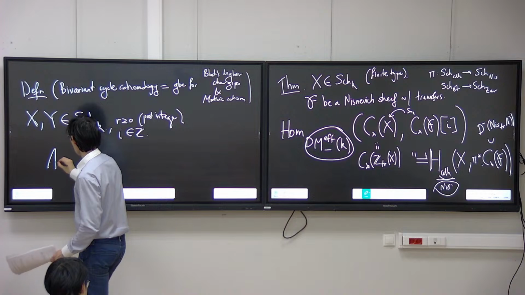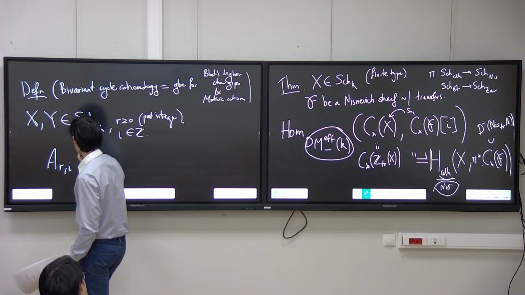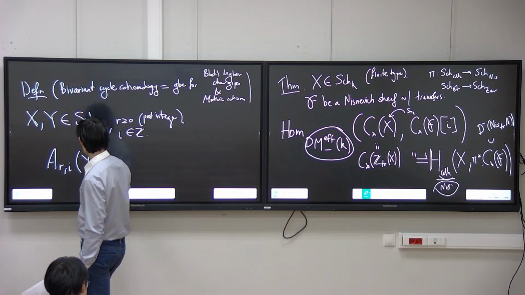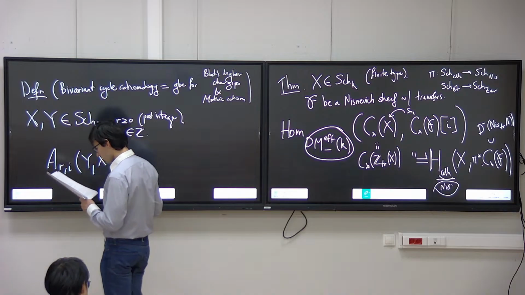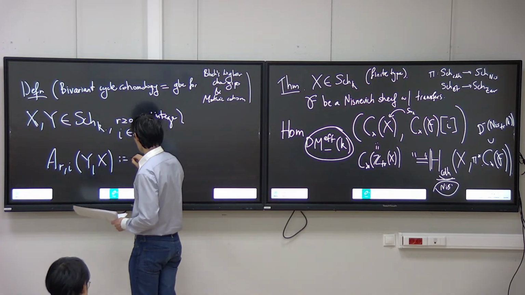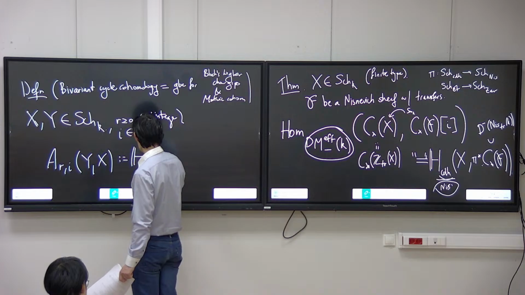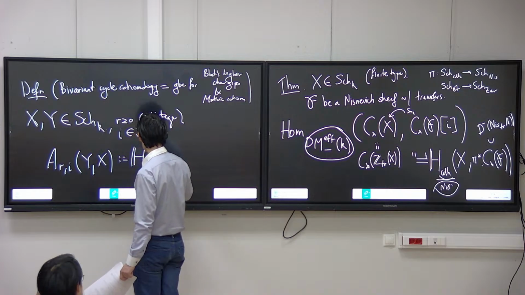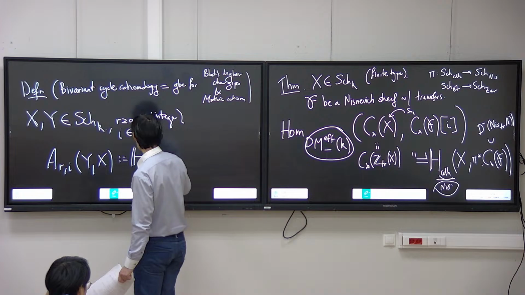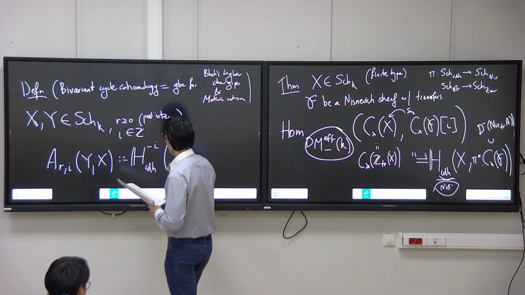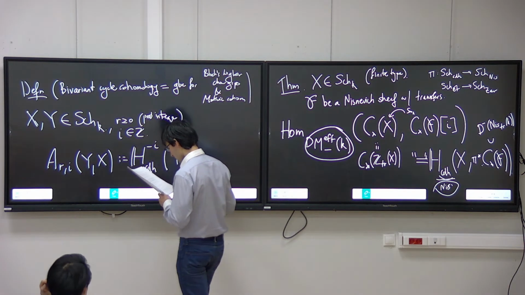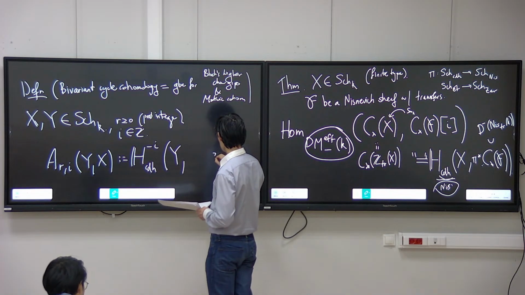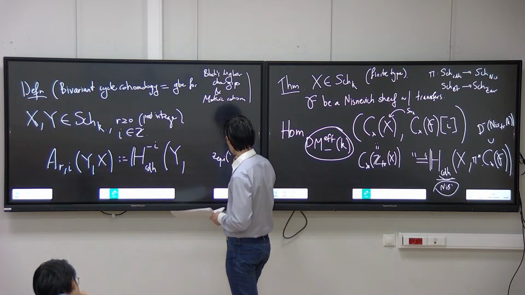Then this object A^r_i(Y, X) will be the CDH hypercohomology in degree minus i of Y, and then I look at my equidimensional complex sheaf.